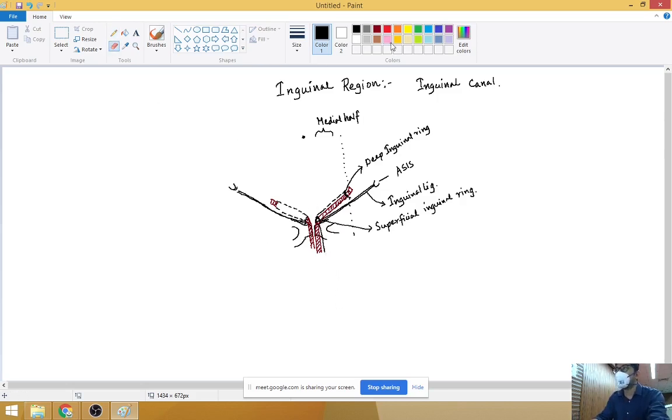In case of males it will go to the respective testis, isn't it? In case of females, the round ligament of uterus travels here.